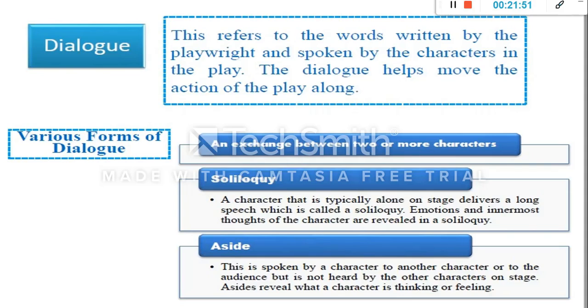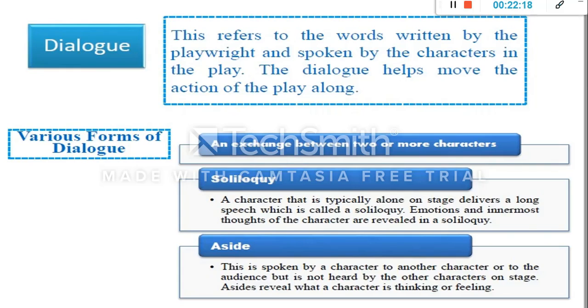We also have two very similar forms of dialogue, which are the soliloquy and the aside. Firstly, in a soliloquy, a character that is typically alone on the stage delivers a long speech. Emotions and innermost thoughts of the character are revealed in a soliloquy.